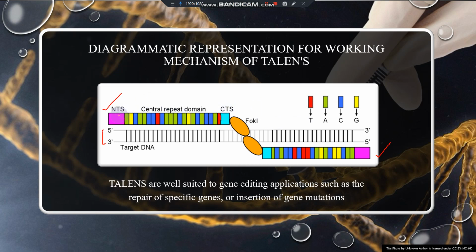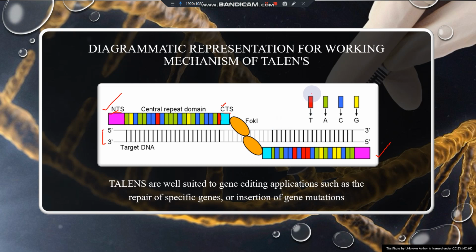In the monomeric unit of TALENs, we can see the NTS and CTS, which stand for the N terminal and the C terminal, and the same goes for the right side monomeric unit.